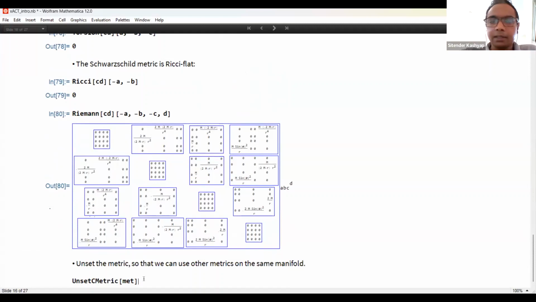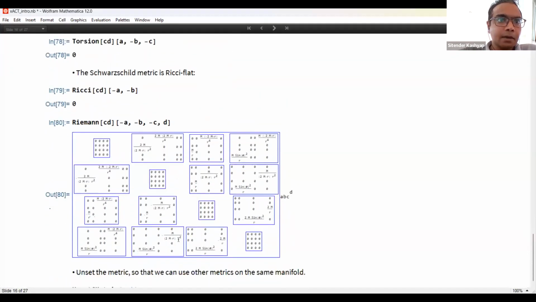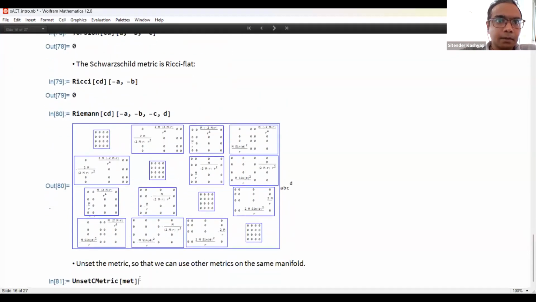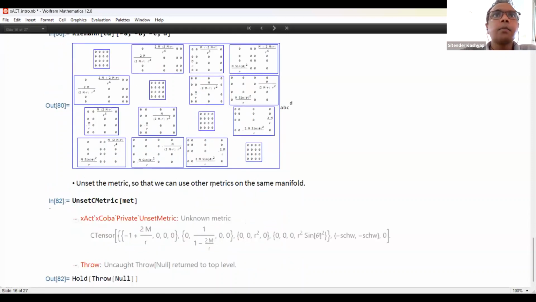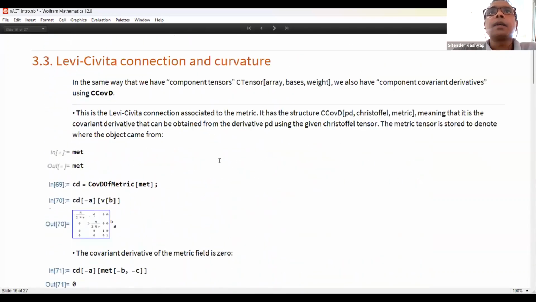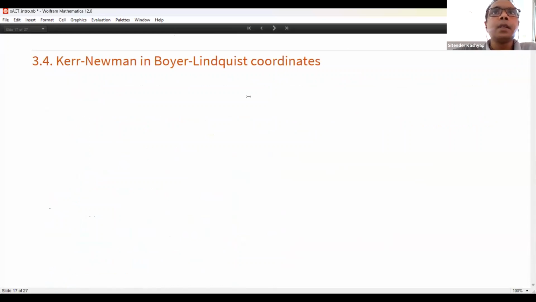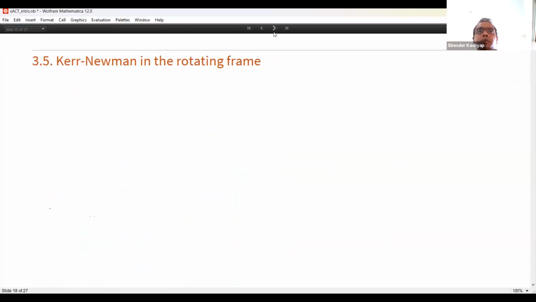To proceed further, let's undefine various things. There are various coordinates in which you can do this. So let's do Kerr-Newman in Boyer-Lindquist coordinates. There's no time for this. Kerr-Newman in a rotating frame; there are tutorials on this.